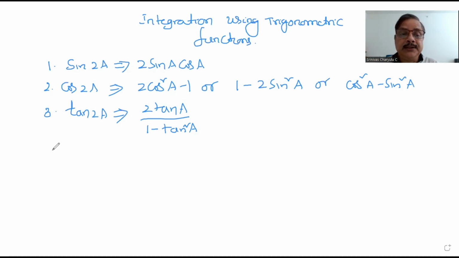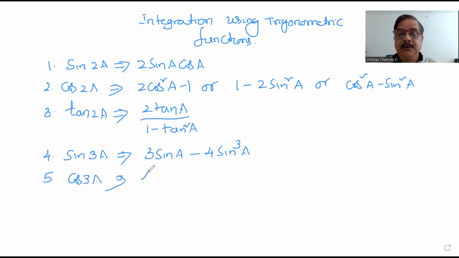Now we will write for 3a. Sin 3a is equal to 3 sin a minus 4 sin cube a. Cos 3a is 4 cos cube a minus 3 cos a.